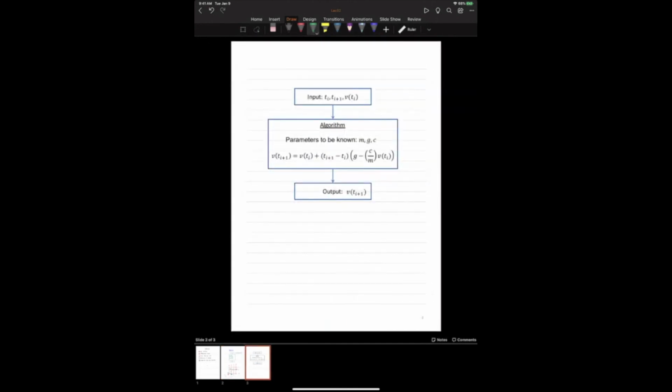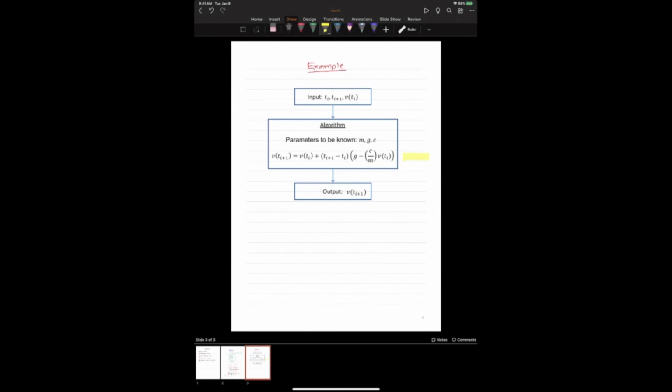So let's go to that algorithm. Here is another example. This might be familiar to you from last time: computing the velocity of a falling object. That is the algorithm here, and you might recognize that equation.